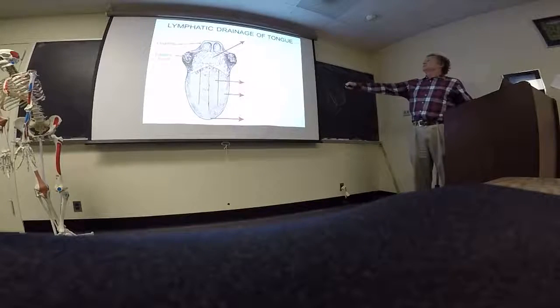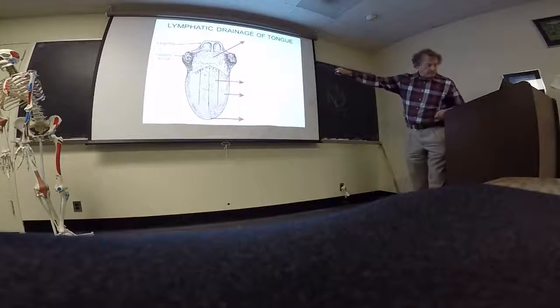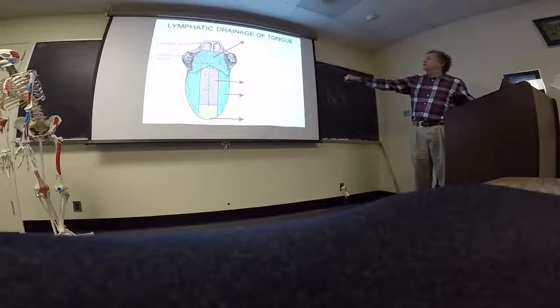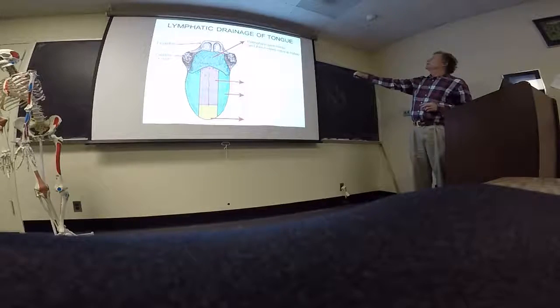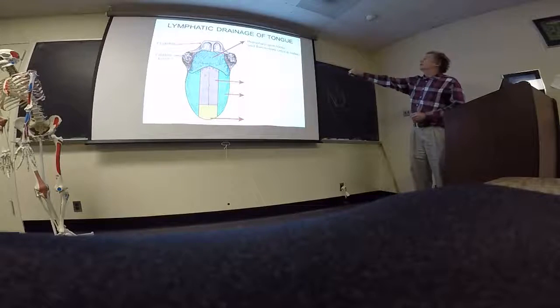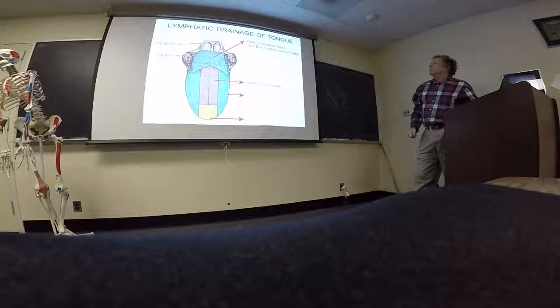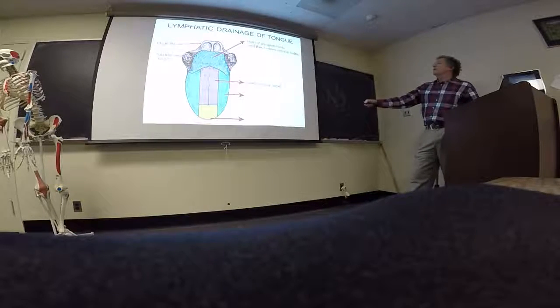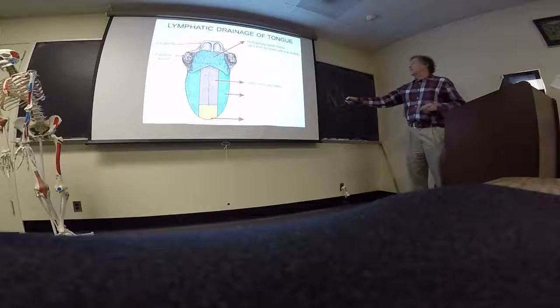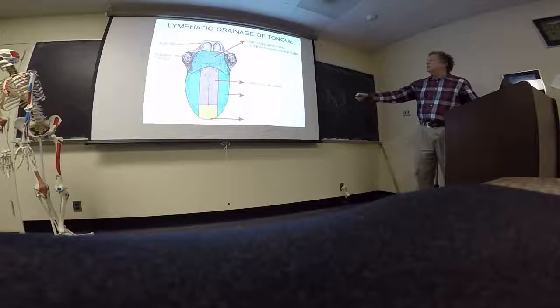Right, so here's the tongue, the back, let's show you. The back part of the tongue, okay, is draining posteriorly into the retropharyngeal nodes. Okay, so the area back behind the pharynx. The middle part, the central part of the tongue, is draining into the deep, well, they're all going to end up in deep cervical eventually, but it drains directly into the deep cervicals.